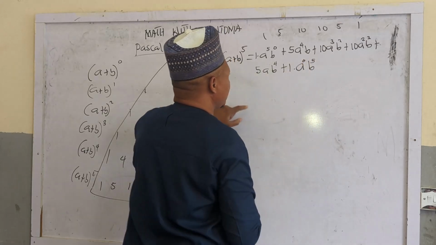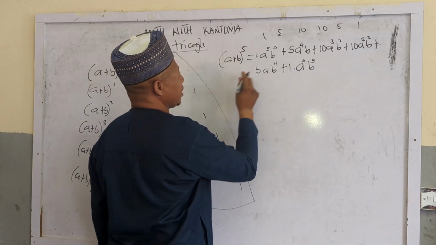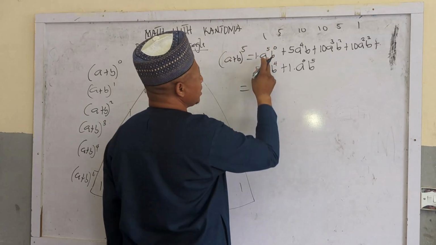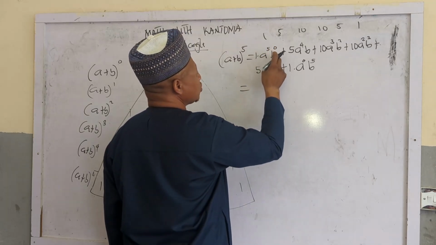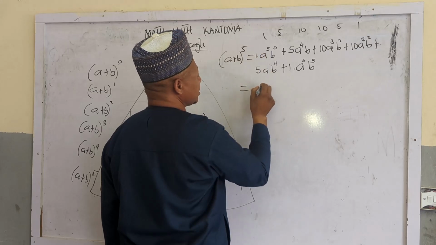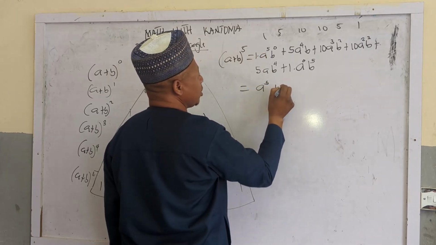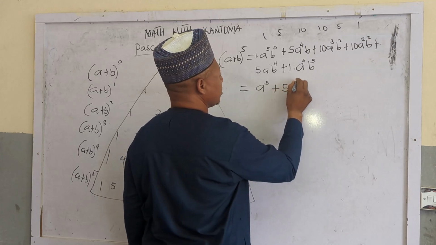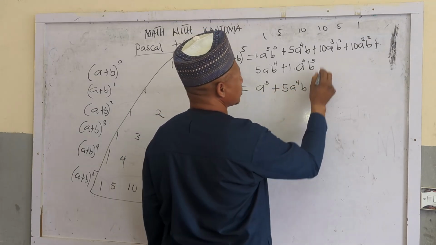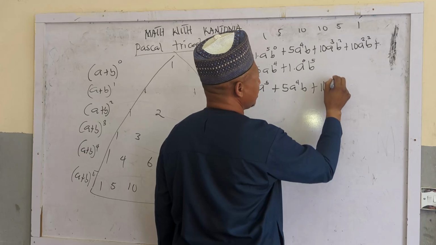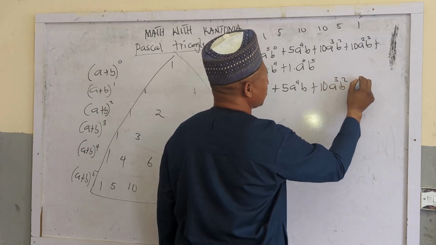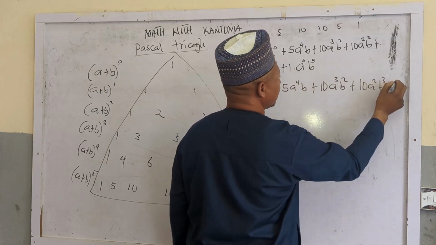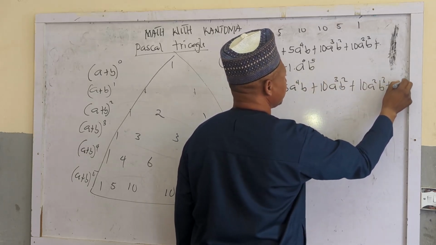Now if we simplify this, 1 times a raised to the power of 5 is a raised to the power of 5. a raised to the power of 5 times b raised to the power of 0 is 1, so it is still a raised to the power of 5, plus this, there is nothing in common, so I write a raised to the power of 4 b. Plus 10a cubed b squared, plus 10a squared b cubed, plus 5ab to the power of 4.